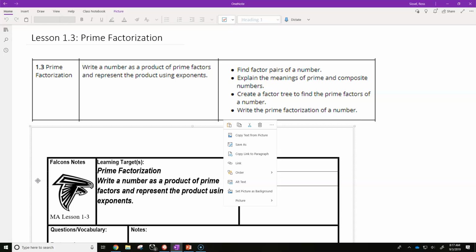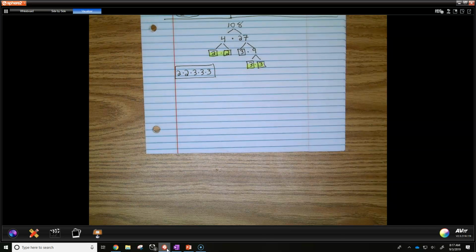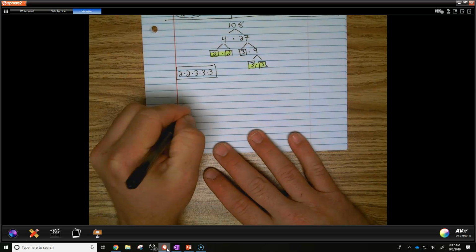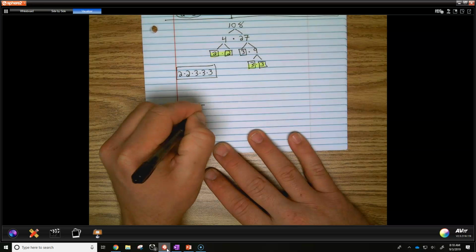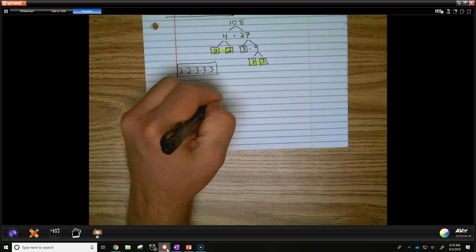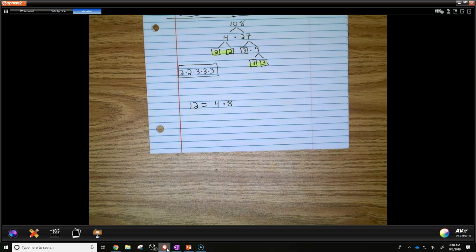When we worked with factor pairs, we identified what factors are. Factors are numbers that are multiplied. If I scroll down here and I see my factor pairs, well, let's say I'm trying to get to the number 12. Okay, I can list factors. 4 and 8. 4 is a factor. 8's a factor. So are 4 and 8 factor pairs of 12?